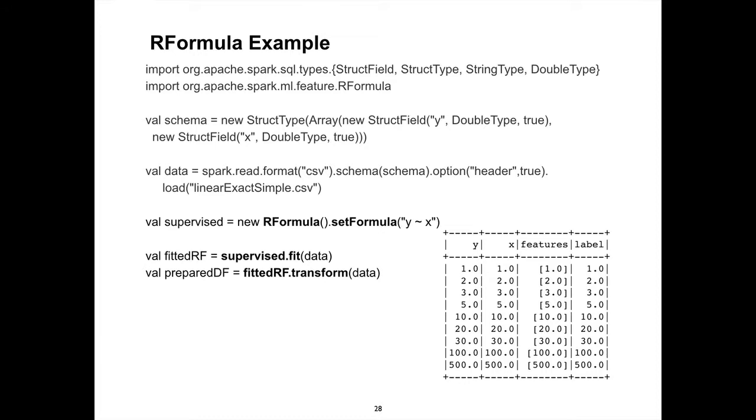So how do we use RFormula here? Well, again, I'm going to read the data and create an RFormula. I set this formula. In this case, I only had one independent variable, and so the formula is this y twiddle x. And then it's a two-step process to get the actual data frame we want. One is we have to fit the formula to the data, and then we can transform it.